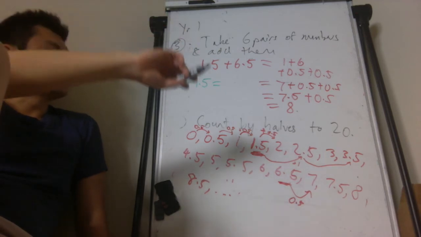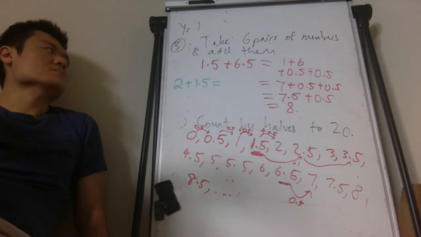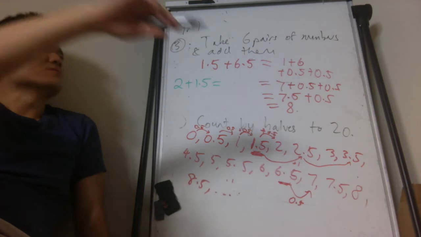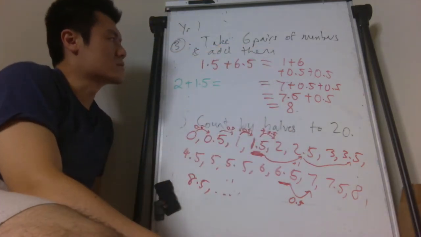Okay, so now it's 2 plus 1.5. There are various ways we can think about this. But how did we think about it before? You never learned that, because you listened, but you didn't really remember it or pay attention.